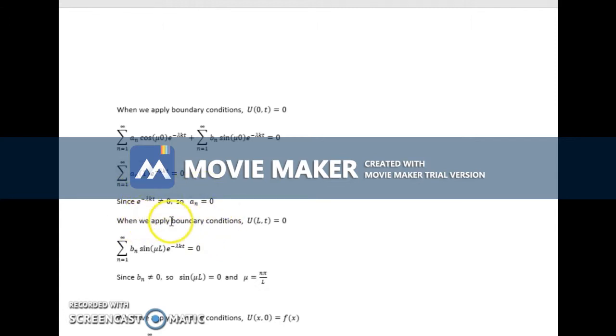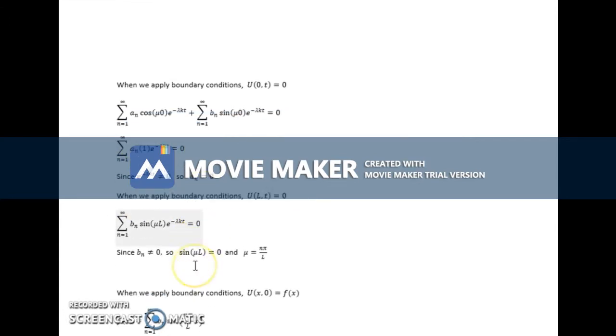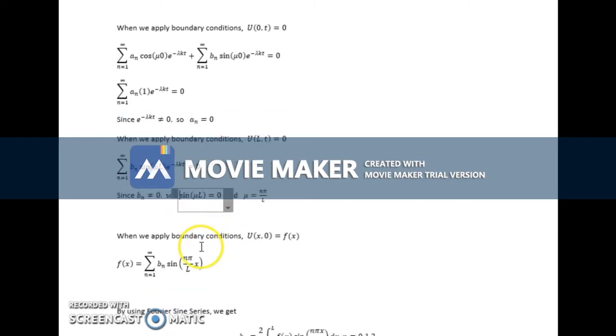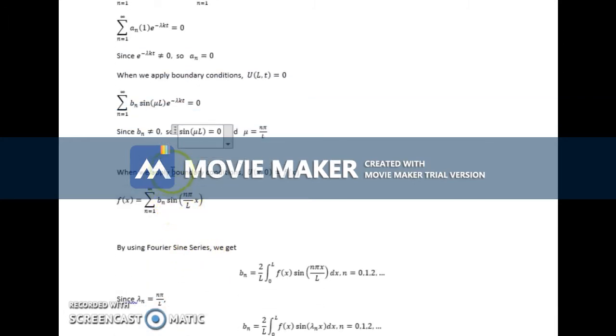Then after we apply the boundary condition, we get this equation, and we know that bn is not equal to 0, so sin mu L equal to 0. Next we apply the boundary condition u(x,0) equal to f(x), which is the summation of bn sin n pi x over L.